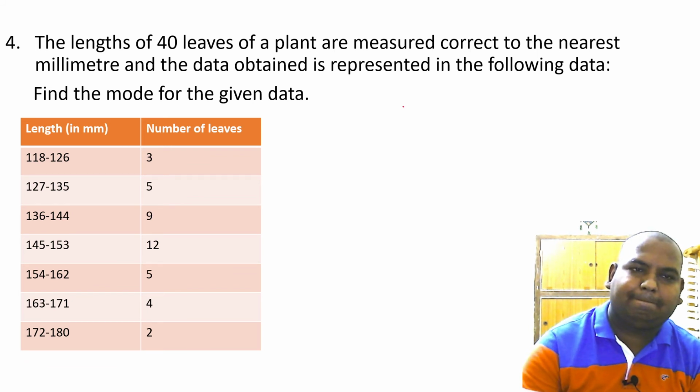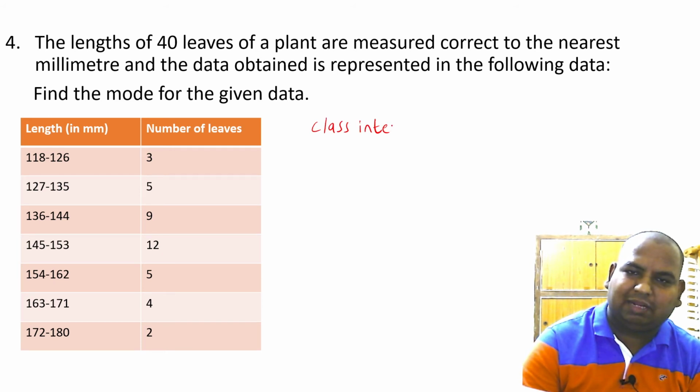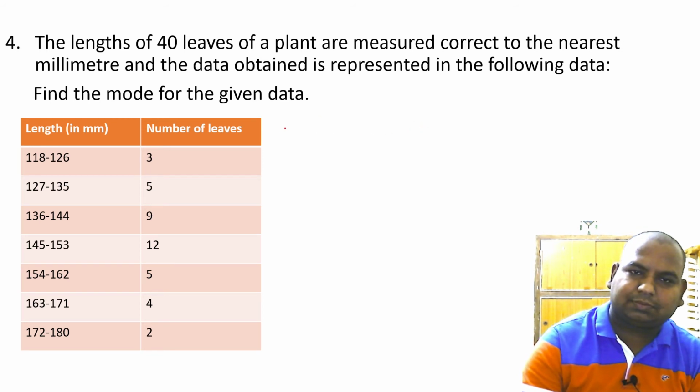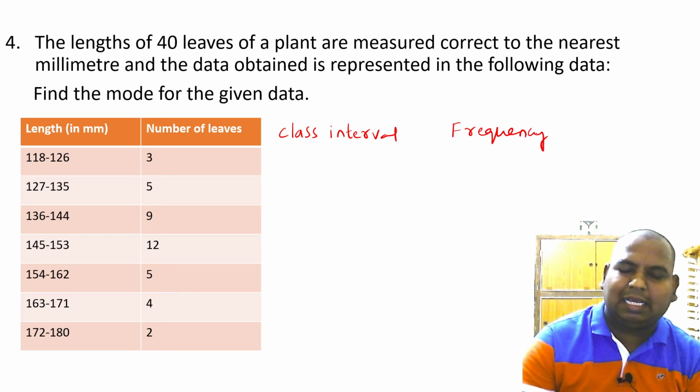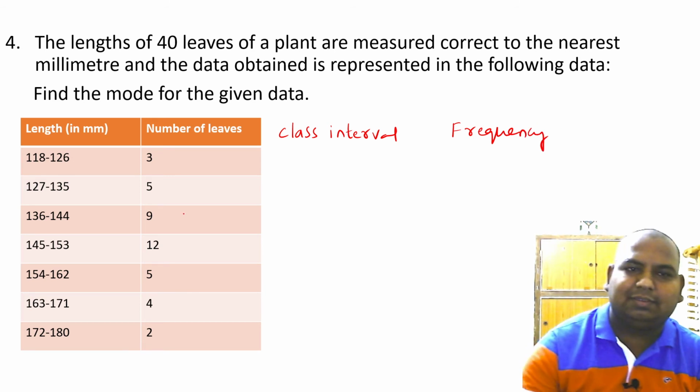Not by adding, by subtracting 0.5 from the lower limit and adding 0.5 to the upper limit. Got it? Here class intervals are non-continuous. We have to make them continuous. How? By adding 0.5 to the upper limit and subtracting 0.5 from the lower limit.